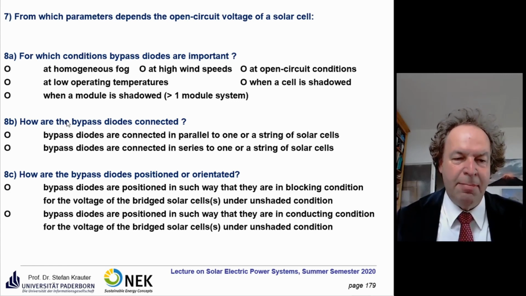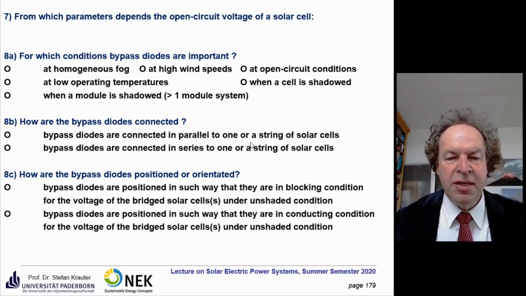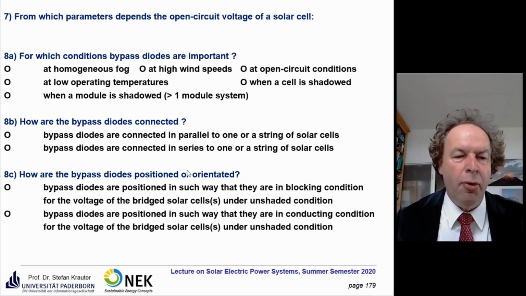How do you connect the bypass diodes? Is it either bypass diodes connected in parallel to one solar cell or a string of solar cells, or bypass diodes are connected in series to one or a string of solar cells? Then how are the bypass diodes positioned or oriented?